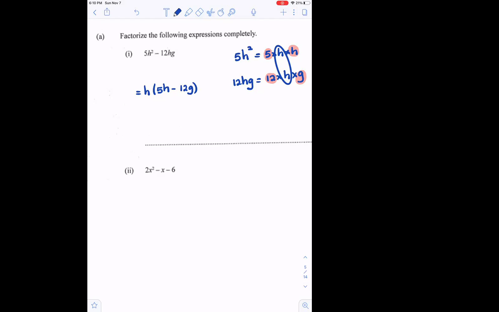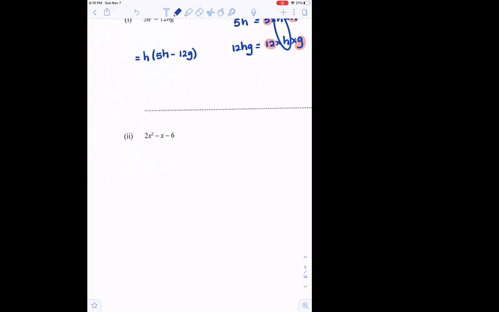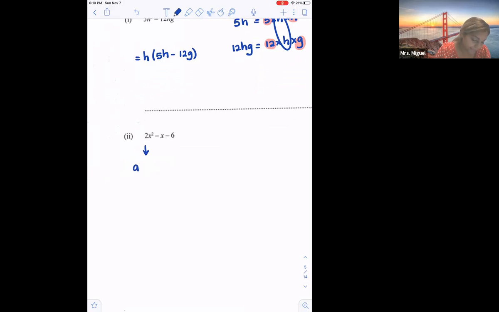Yes, miss. Now, this one, a is equal to 2, b is equal to -1, and c is equal to -6. The product is equal to a by c, which is 2 multiplied by -6, which is -12.